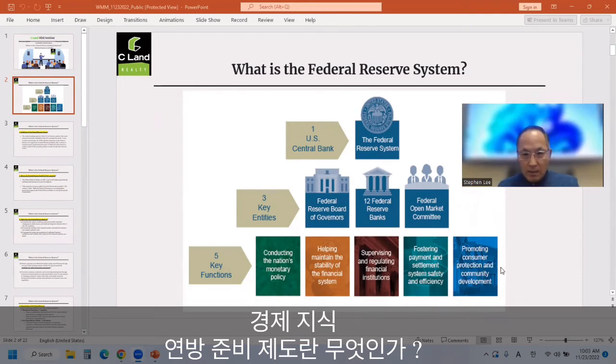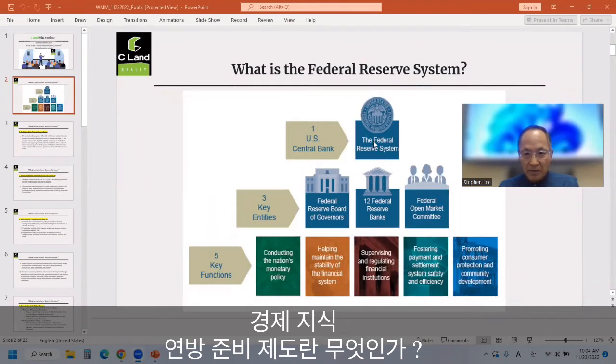First, it's what we call the U.S. Central Bank, as I said. So at the top, we can say the Federal Reserve System. And we will check out what it really means, who owns this organization, and who is involved with this organization.